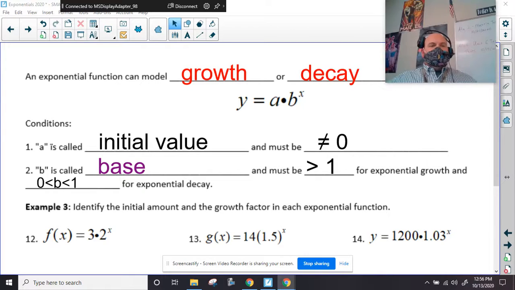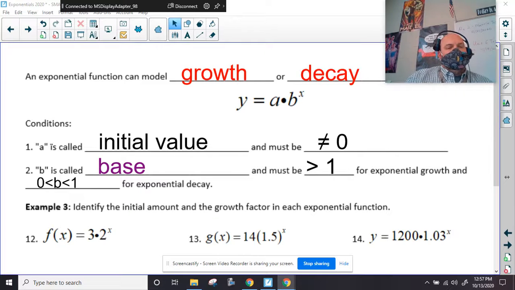An exponential function can model growth or decay. Then A is called the initial value, and it cannot be equal to 0. You can't start out with nothing. It's not a Drake song.